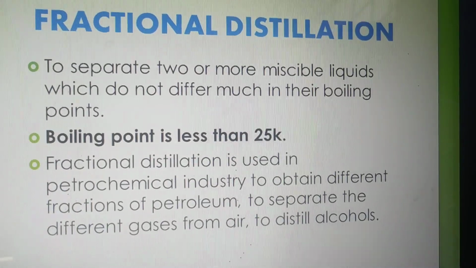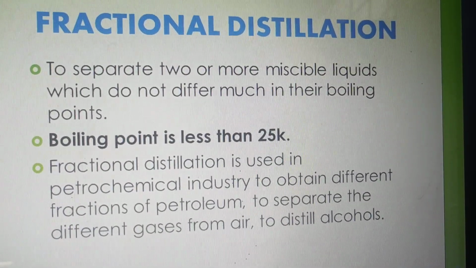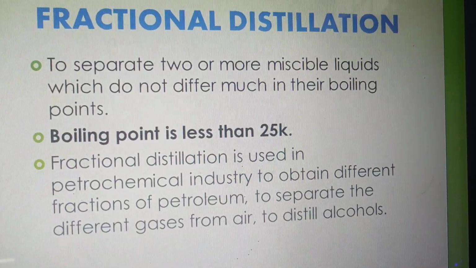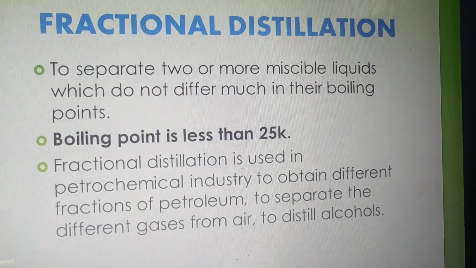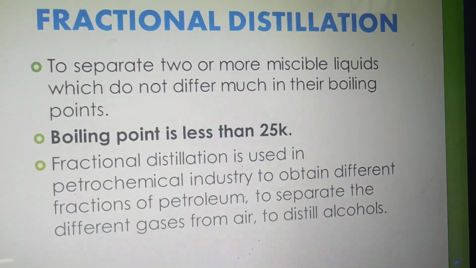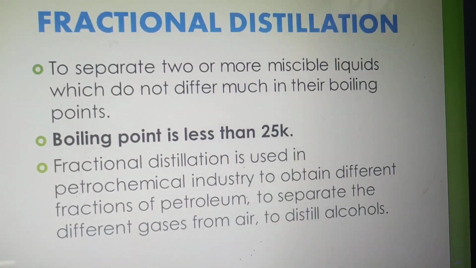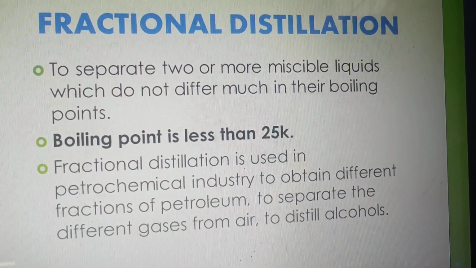So what are the boiling points of the liquids we separate by fractional distillation? The boiling point difference is less than 25 Kelvin. Simple distillation means more than 25 Kelvin. Fractional distillation means less than 25 Kelvin.